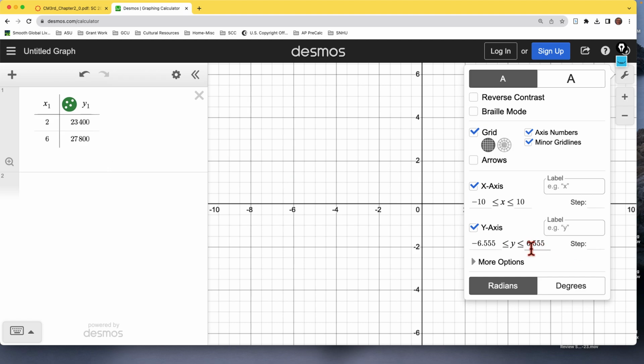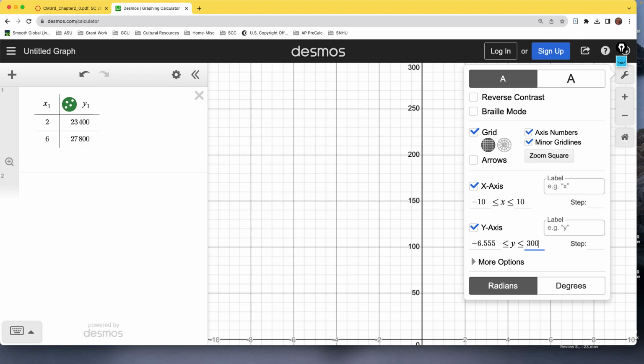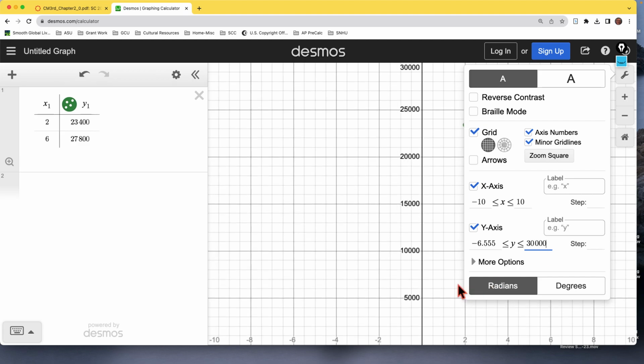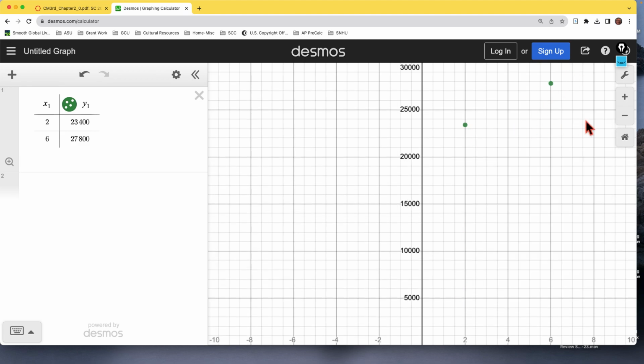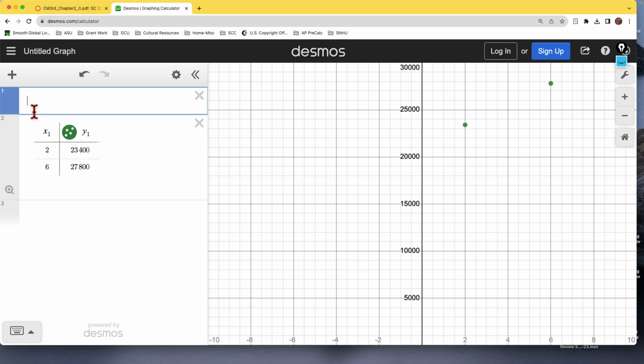So if I have my y values go up to say 30,000, right? I actually can now see my points. 2, 23,400, 6, 27,800. What I'm going to do is now I want to add an equation, an expression.